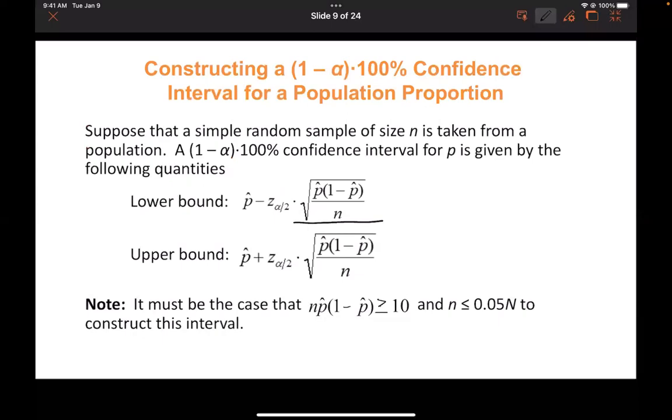So all this is doing is, if I was looking for a value that was 2 standard deviations away from the mean, then I would just take my mean plus 2 times the standard deviation, right? Isn't this how we found values that were 2 standard deviations above the mean? So remember here, our p hat is what we're going to use for our mean. The standard deviation is this right here.